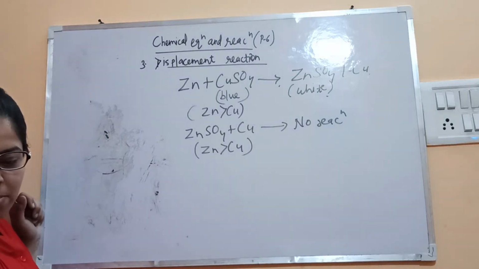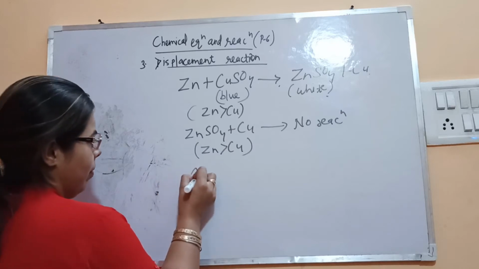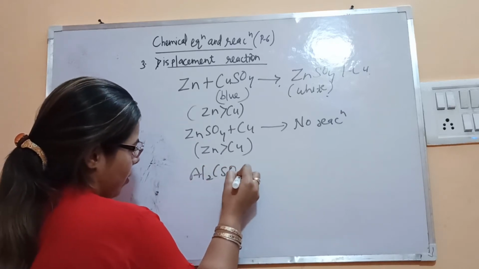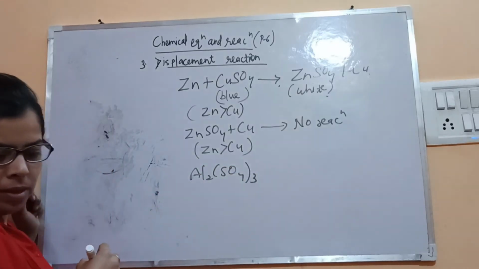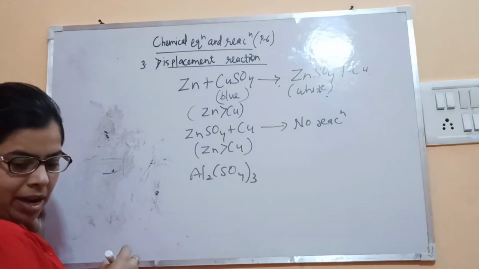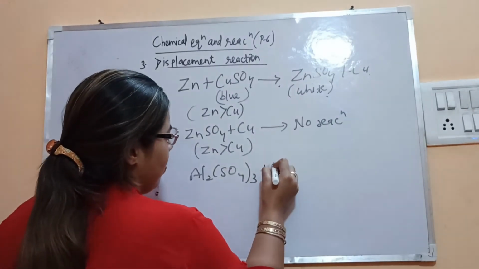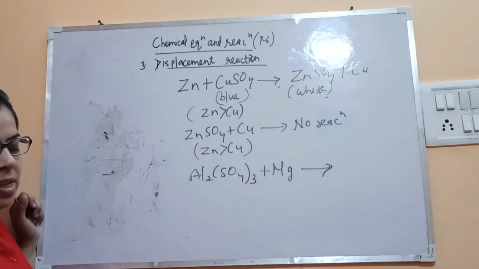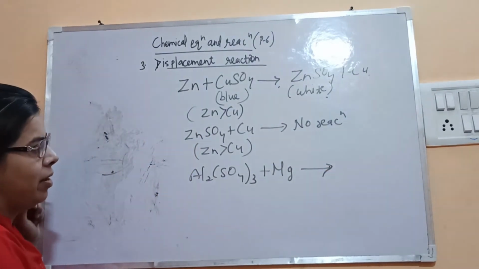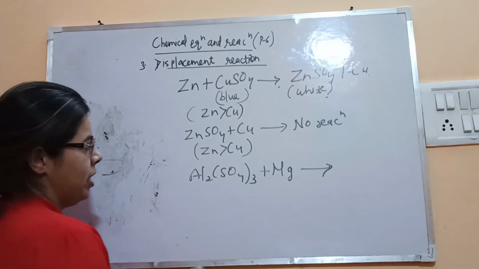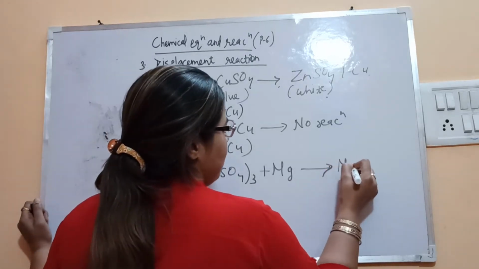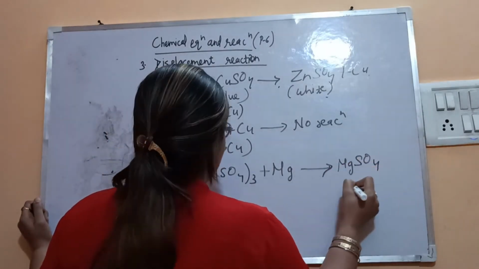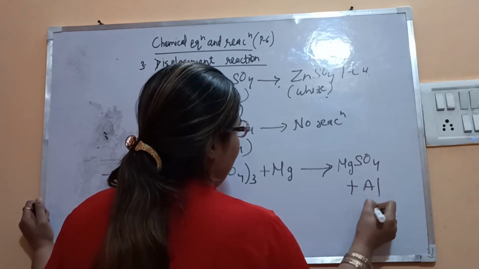One more example I am taking. Let's take aluminium sulfate and I am reacting it with magnesium. Here magnesium is more reactive, so it will be able to displace. So magnesium sulfate gets formed and aluminium will remain.